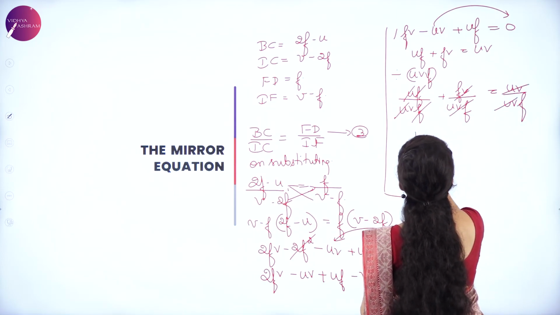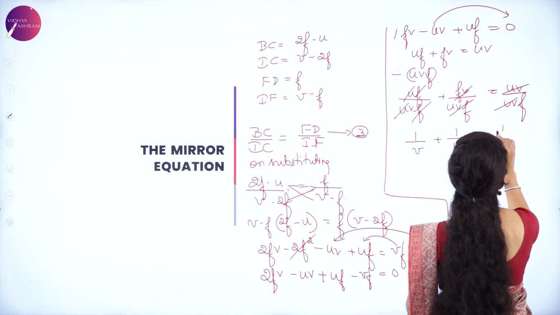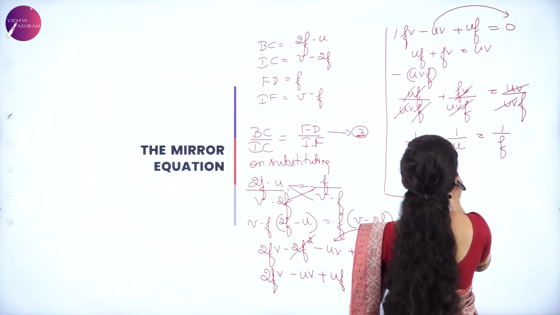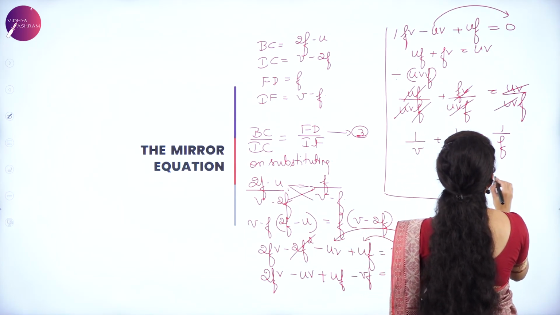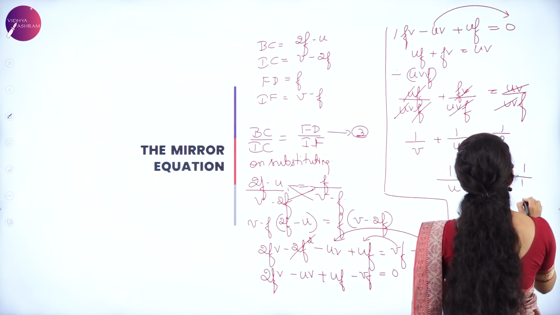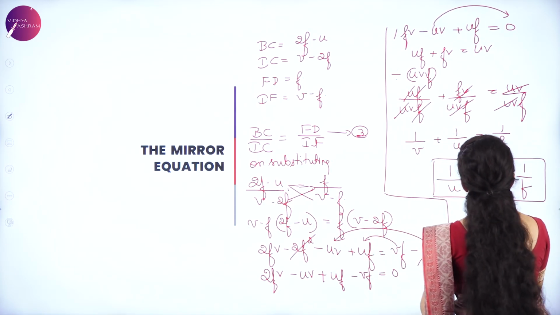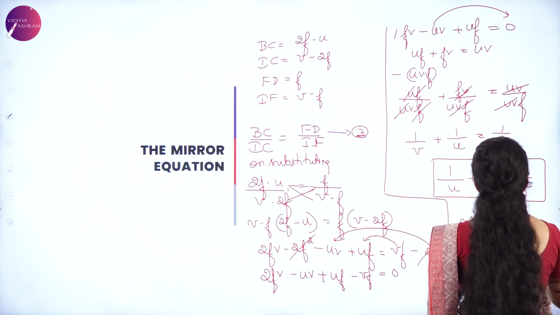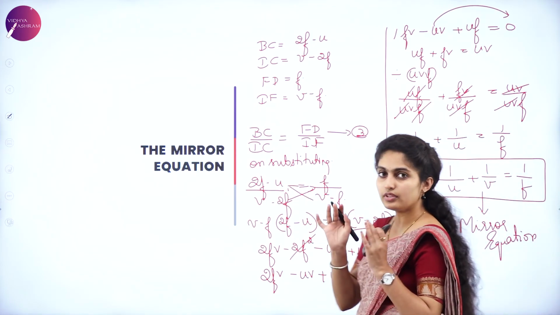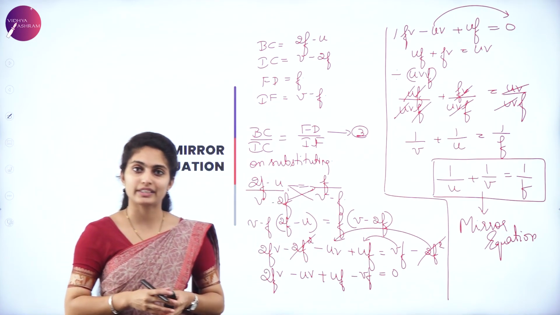So it is 1 divided by V plus 1 divided by U is equal to 1 by F. Either you can rewrite it as 1 by U plus 1 by V is equal to 1 by F. This is the final one, the mirror equation, which is an important derivation as well. You'll have to remember this expression in order to solve the numericals.